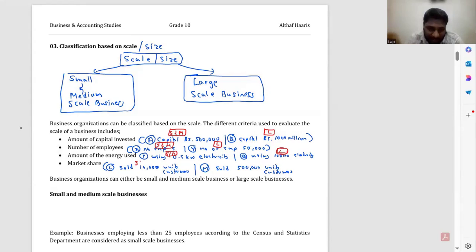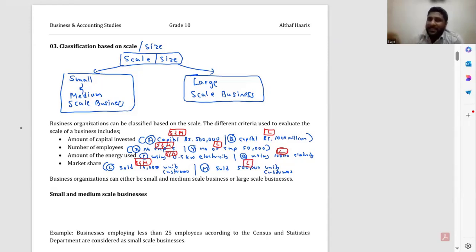Small and medium scale. But M, damn big, 500,000 customers. Large scale business. So this is one set of examples where you can identify whether a business is small or large. Always this is something relative.